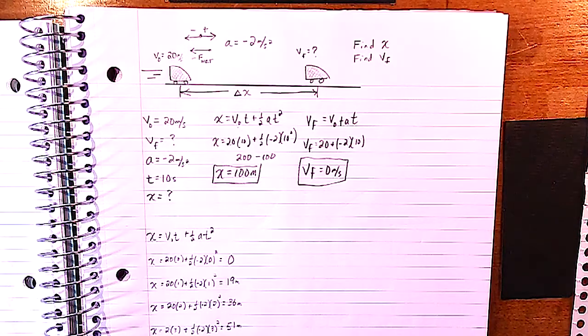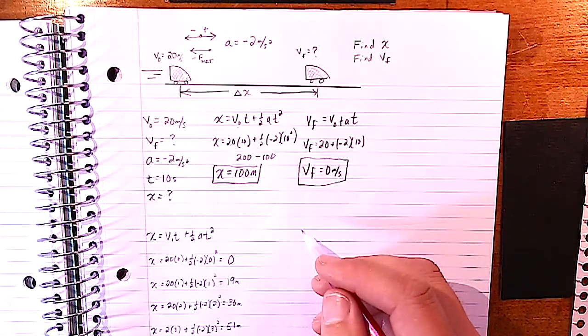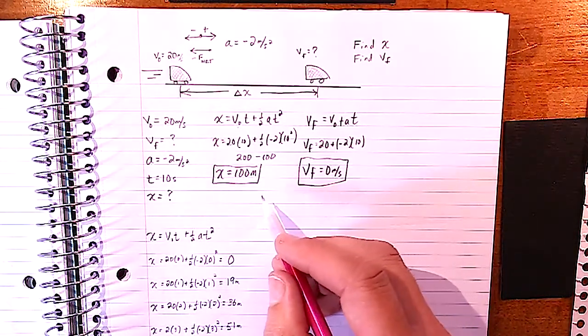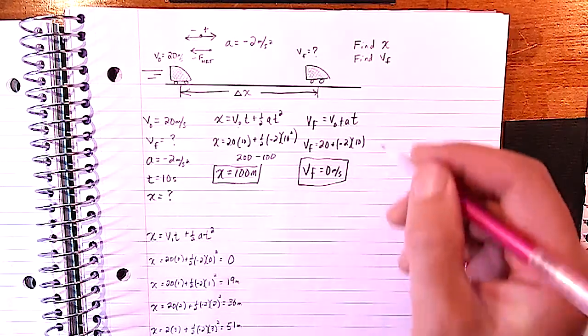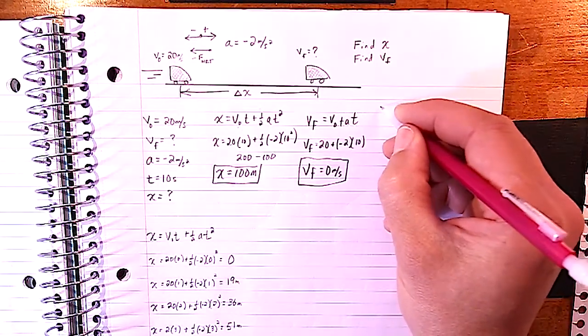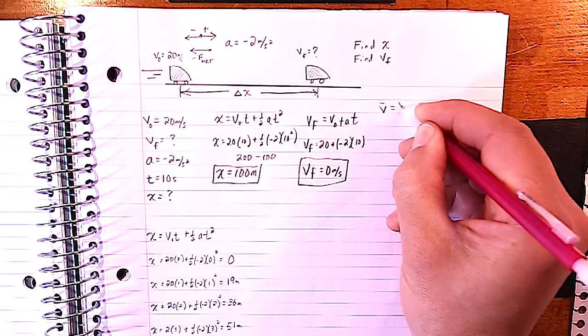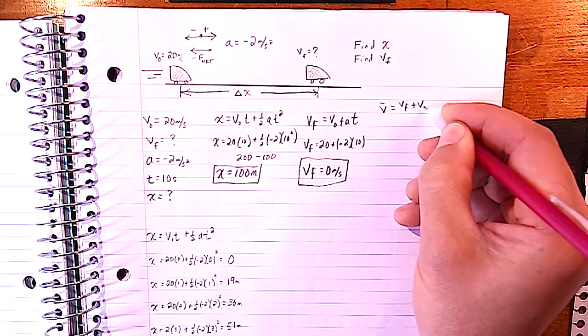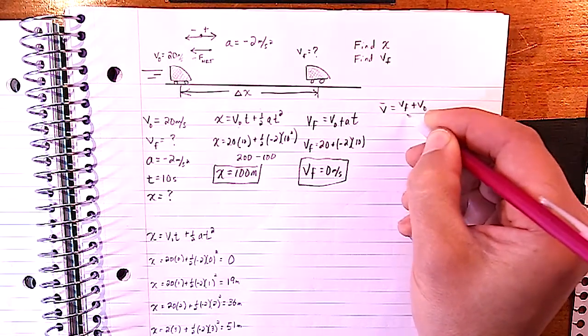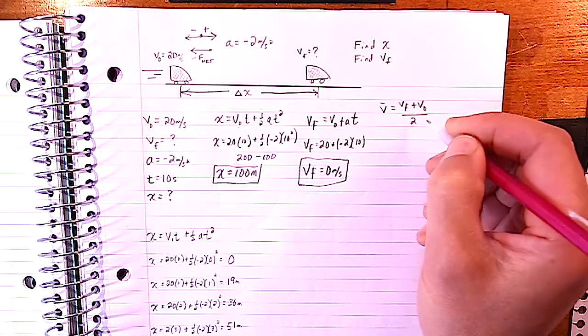Lastly, although we figured out that the horizontal position was 100 meters, I want to show you that we could have also done it this way. The average velocity is equal to (Vf plus V naught) over 2.